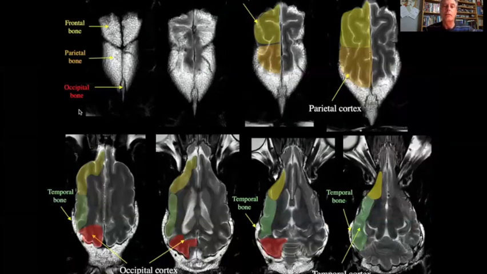So when we do MRIs, we identify these areas. Here is a very dorsal one, the most dorsal. We see the frontal bone, the parietal bone, and the interparietal process of the occipital bone. As we keep making sections, we begin to identify under the frontal bone the frontal cortex, which is quite extended. Look here.